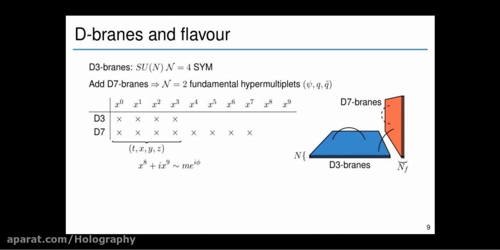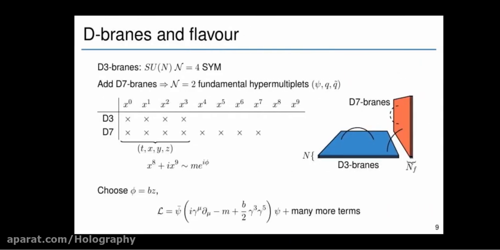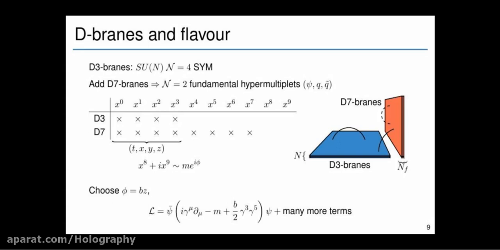But it will turn out to be very important in our case, because we're going to make phi not constant. And in particular, if you choose phi to be linear in one of the field theory directions, we're choosing phi to be linear in the z direction with proportionality coefficient b, then you can show that the Lagrangian of the dual field theory contains a piece which looks exactly like that free model that I wrote down.